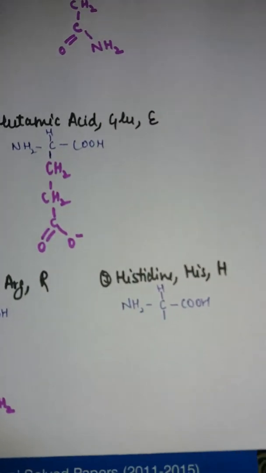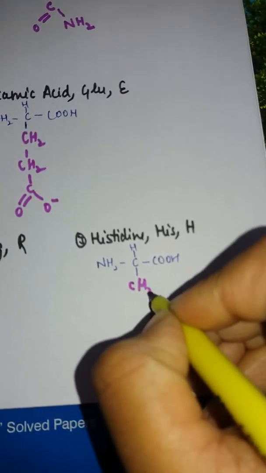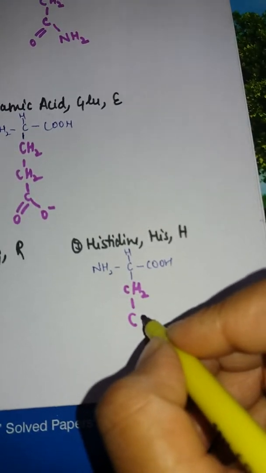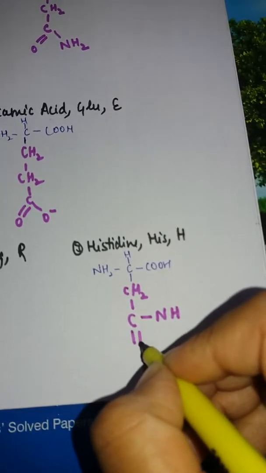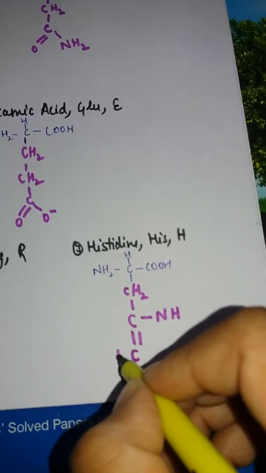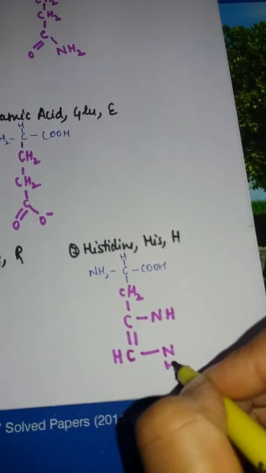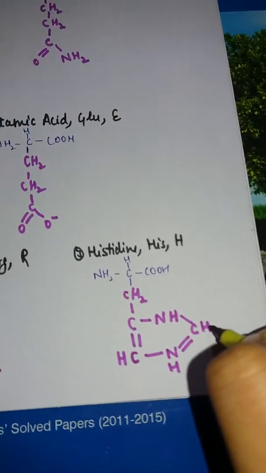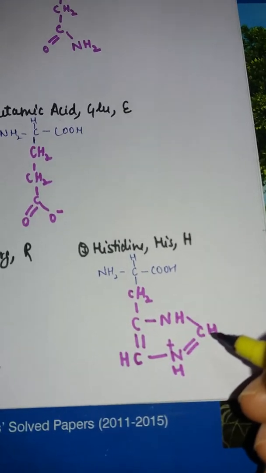And histidine, its structure contains one CH2 which is further attached to a ring with the amino groups, a carbon which is attached to NH. This carbon is double bonded to one CH, which is further attached to NH with double bond CH, and this NH group is positively charged.